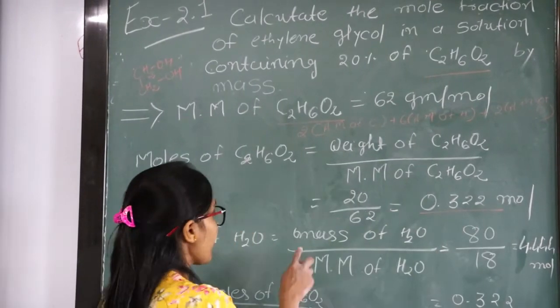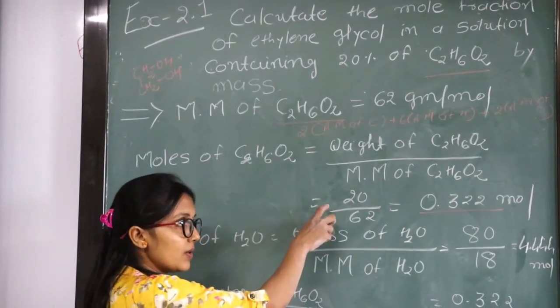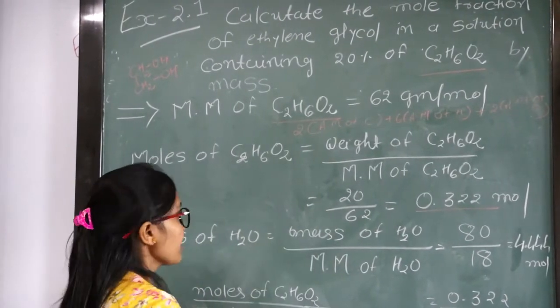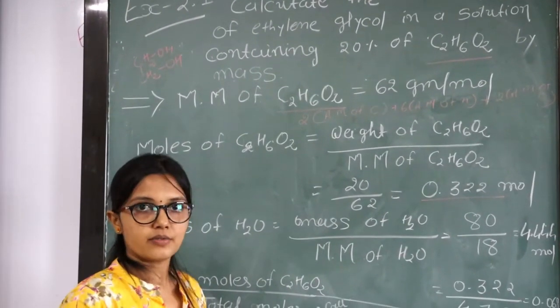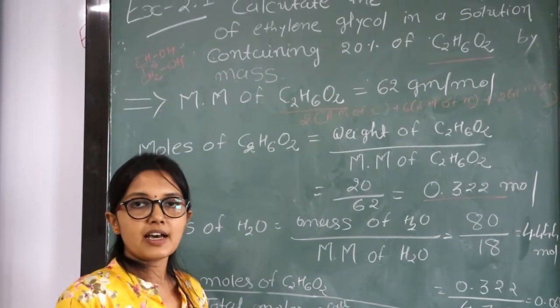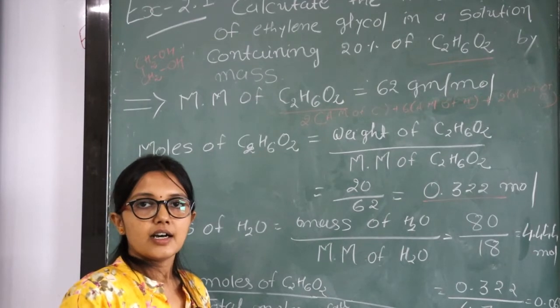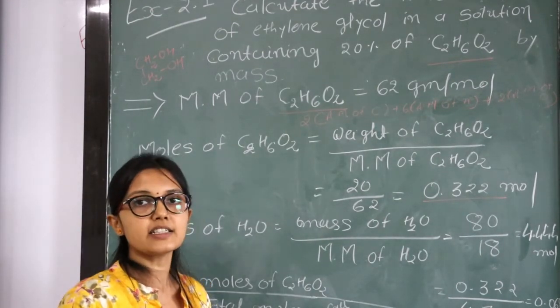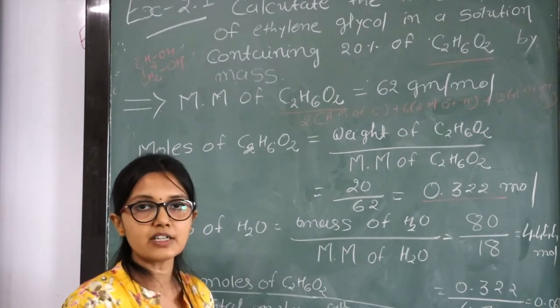Second thing, the moles of ethylene glycol are calculated, then the moles of water. Why moles of water? Because in the formula we use total moles present in the solution, solute plus solvent moles.